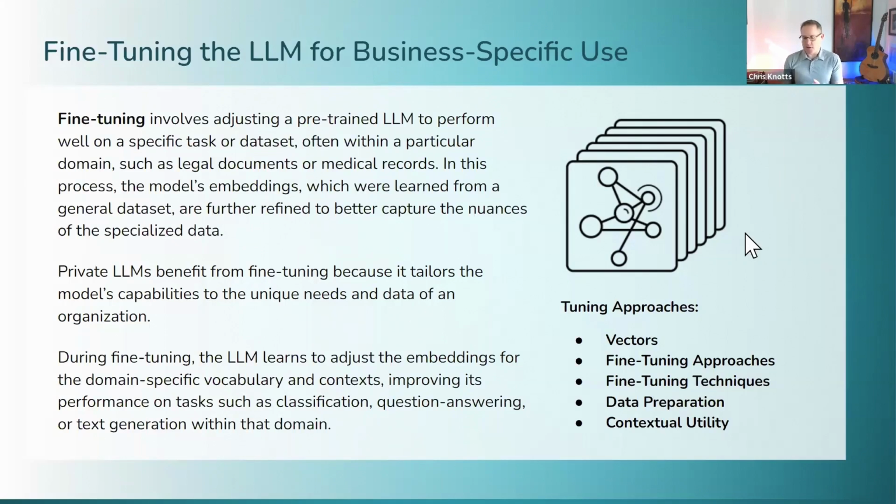But then there's domain specific tuning that you can do outside of the training data. This is known as fine tuning. So there's basically two main ways that you can fine tune the data model, so that it behaves a little bit more in a way that is aligned with your use case.